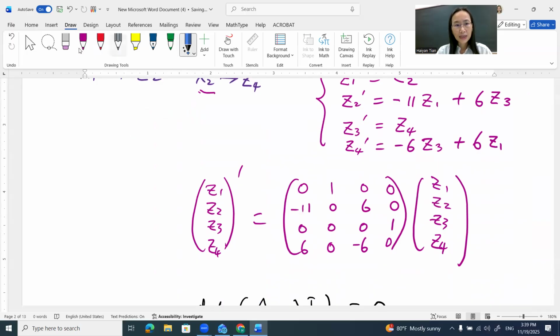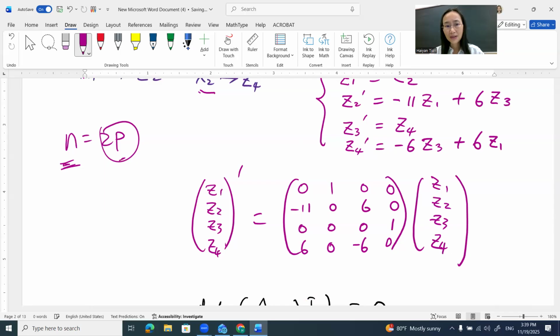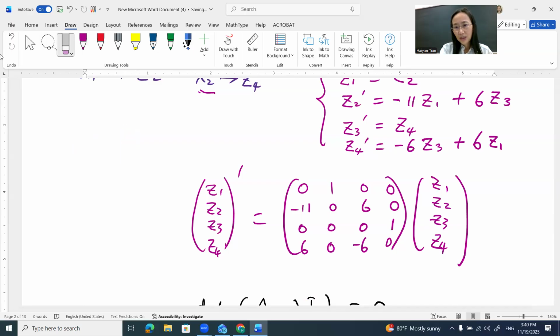Remember in the theorem we have n is 2p, right? So in this example, n is 4 because the matrix is 4x4, but p is just half of n. p is 2.